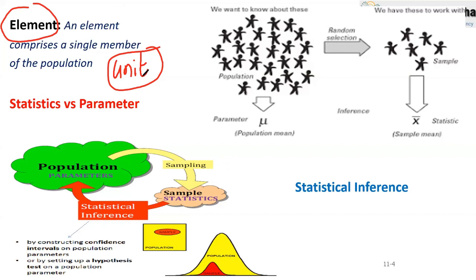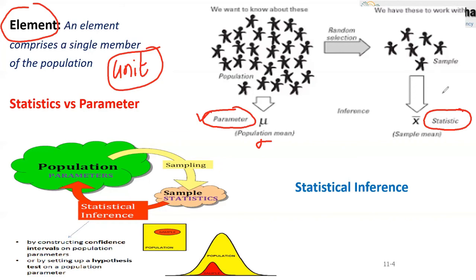And then there are two different terms which I wrote in this slide. One is the parameter, and the second is the statistic. Anything which you measure from the population, like the mean of the population or the standard deviation of the population, is called a parameter.